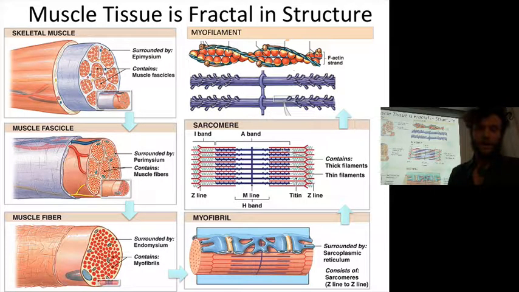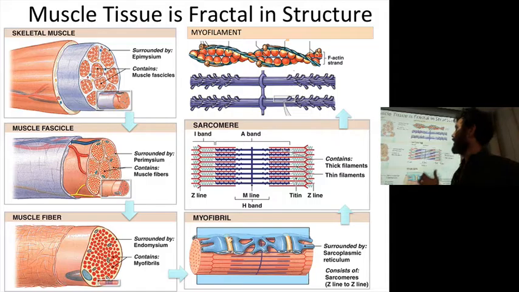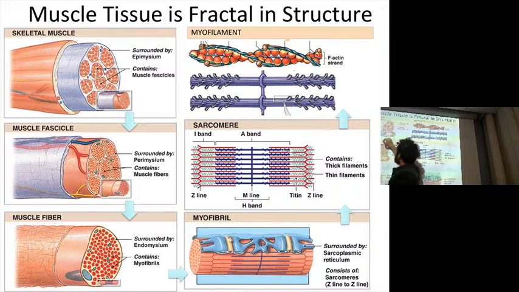Okay, so this is the point that I was making earlier about the sort of fractal structure of muscle tissue. You have a skeletal muscle, which is a collection of fascicles surrounded by this epimysium. A fascicle itself is surrounded by the perimysium and is a bundle of muscle fibers.